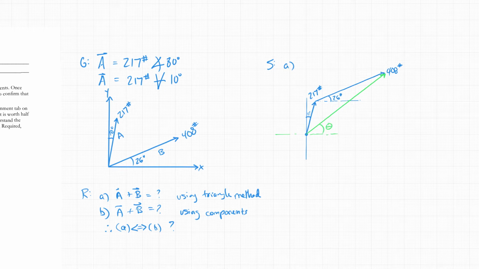Okay, so now we have to do a little bit of geometry in order to figure this out, because I don't have any of the angles on the inside of this triangle. I know the sides. I've actually drawn them in a bad spot, but this 217 refers to that side, and this 408 refers to that side. Okay, let me just go ahead and rewrite those. 408 pounds. And we'll write this 217, maybe right there.